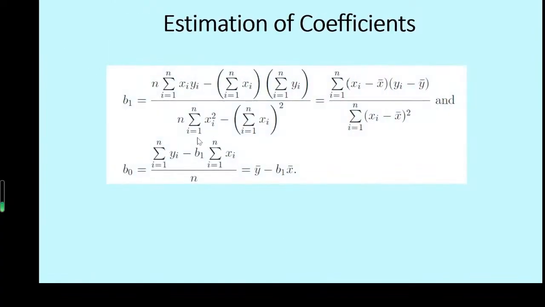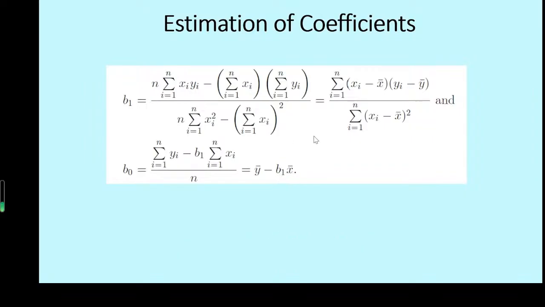So the point estimates of b0 and b1: b0 is y bar, the average of all y values, minus the average of x values times b1.